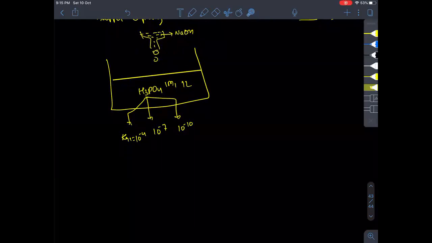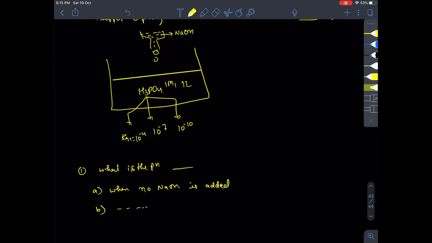Now, if it is added, I may ask a few questions. Number 1, what is the pH, part A, when no NaOH is added? What is the pH when 0.5 mole NaOH is added?